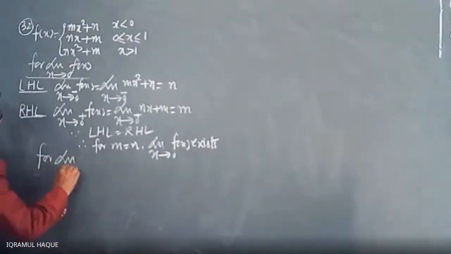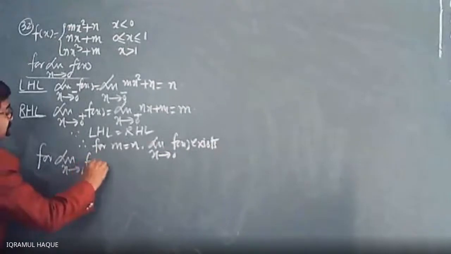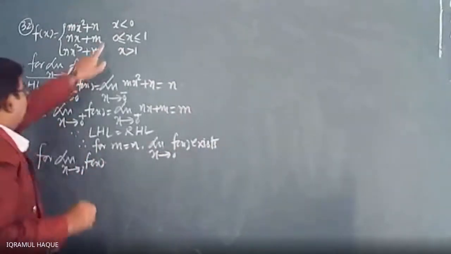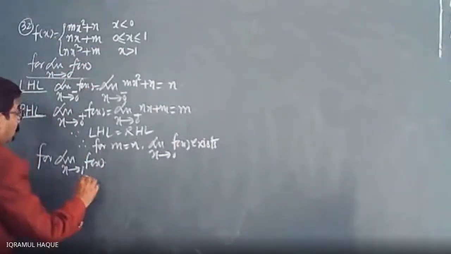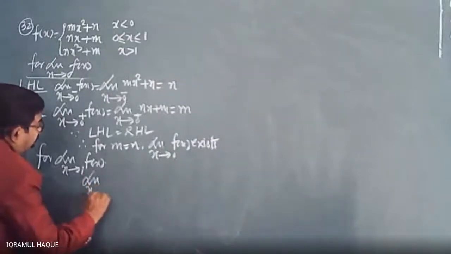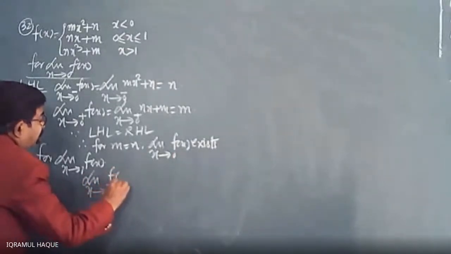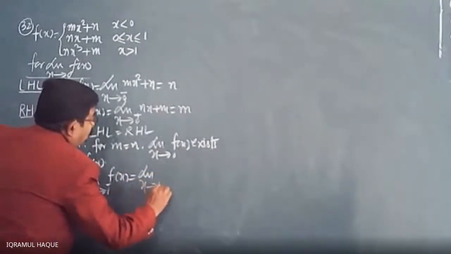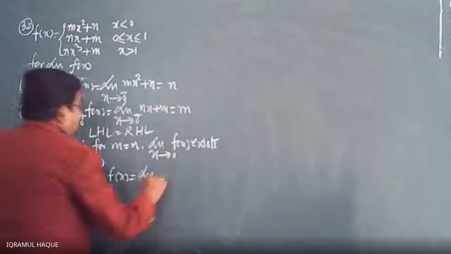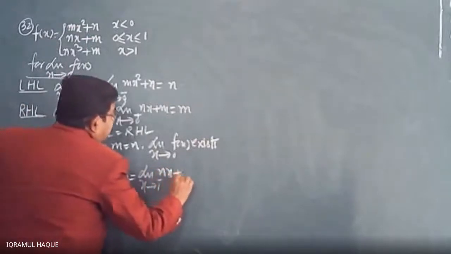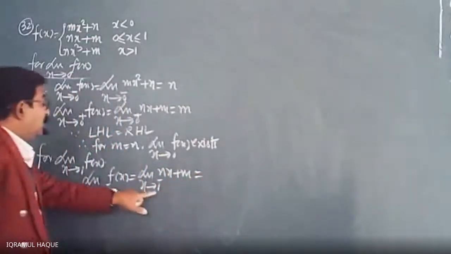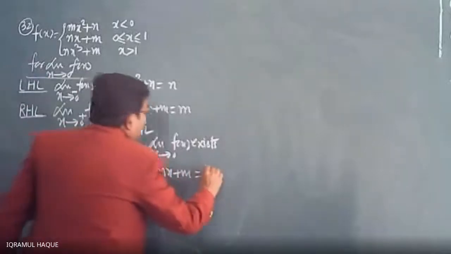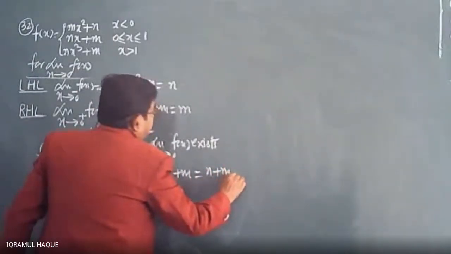Now for limit x tends to 1 of f(x), again we have LHL and RHL. Limit x tends to 1 minus of f(x) is nx plus m. Put the value x is equal to 1, so we have n plus m.